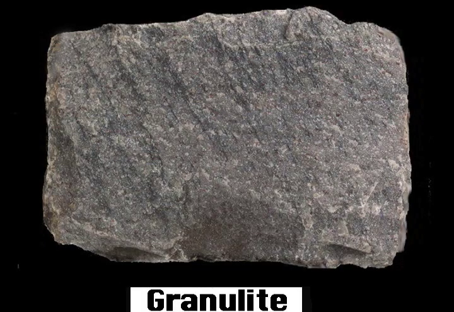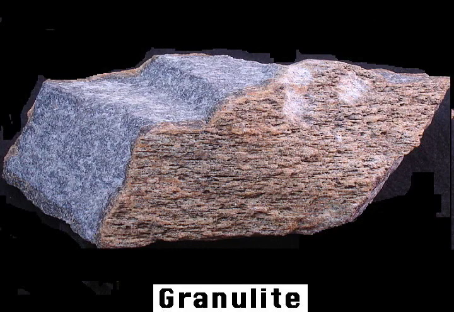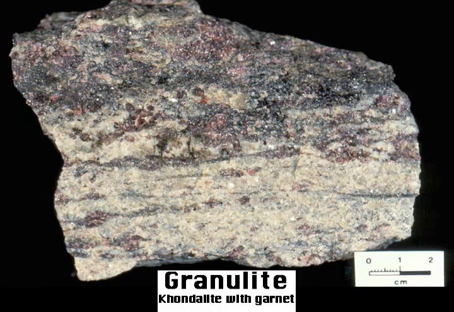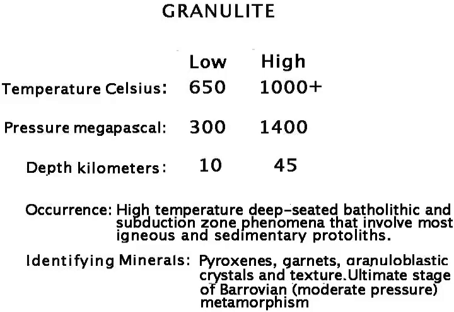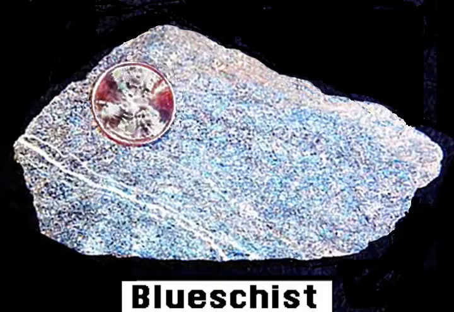Granulites form over a wide range of pressures, but their raison d'etre is very high temperatures. These are well above the melting point of many felsic minerals, leaving potassium feldspar, orthopyroxene, and garnet unscathed. Crystals are small, with poorly defined faces in close proximity, giving rise to a texture called granulitic.